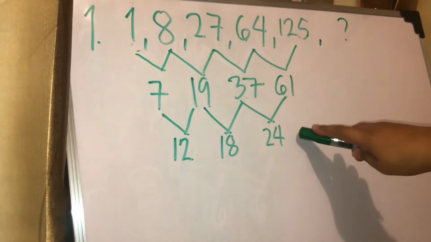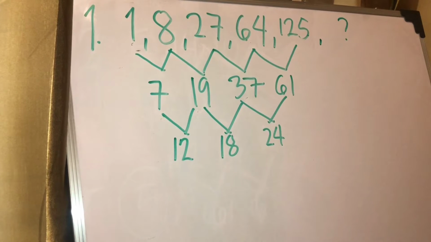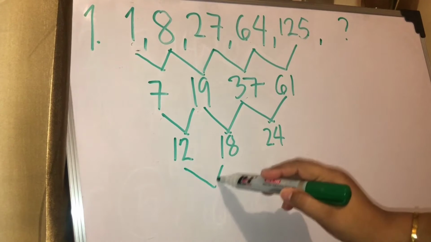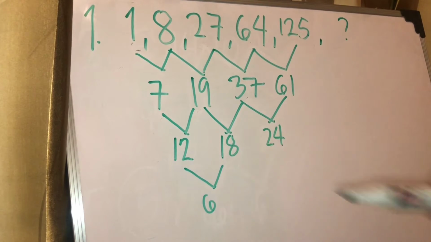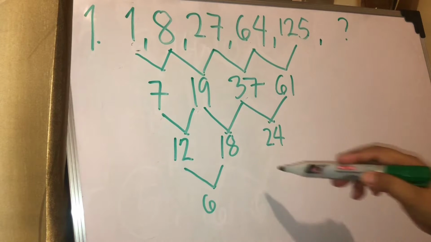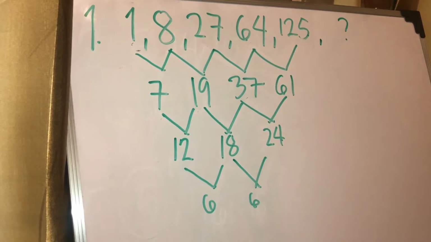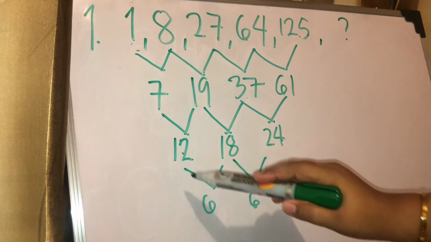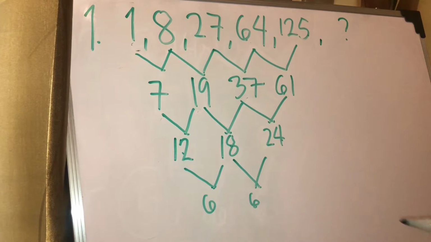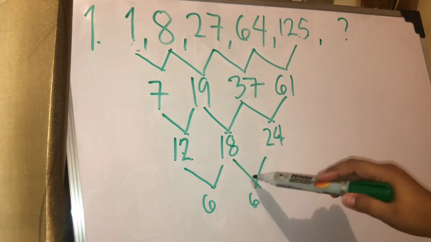If you observe these numbers, 12, 18, and 24, if you add 6 to 12, the total is 18, and 18 plus 6 is 24. So they have a common difference. 18 minus 12 is 6, and 24 minus 18 is 6.